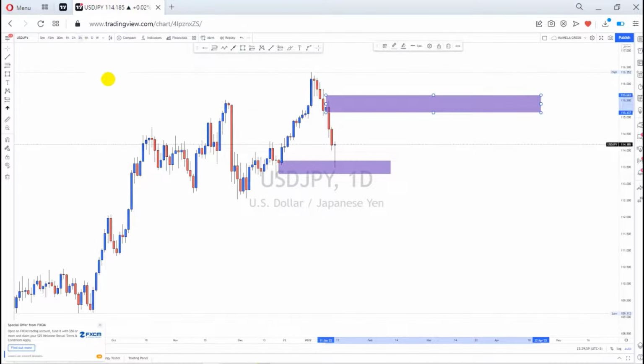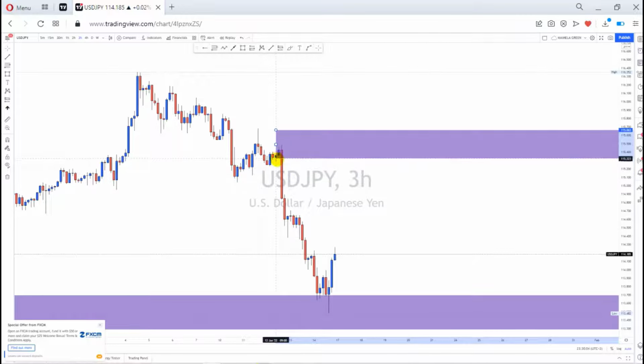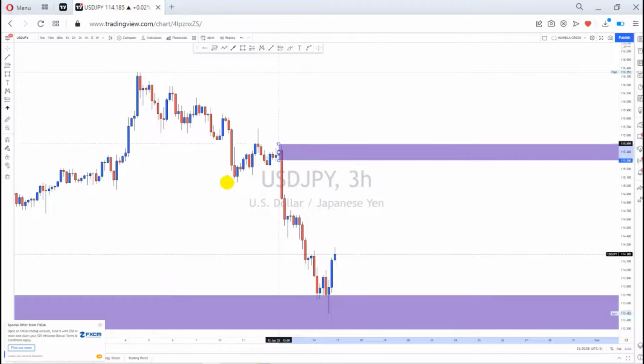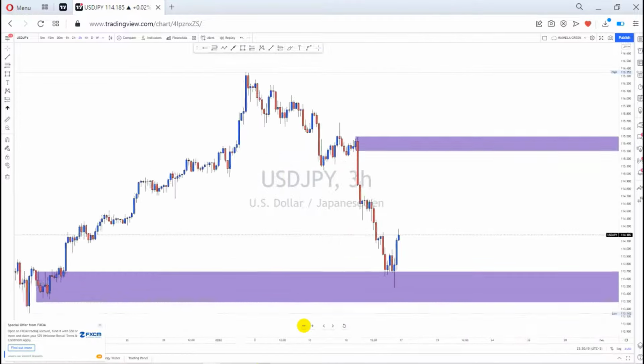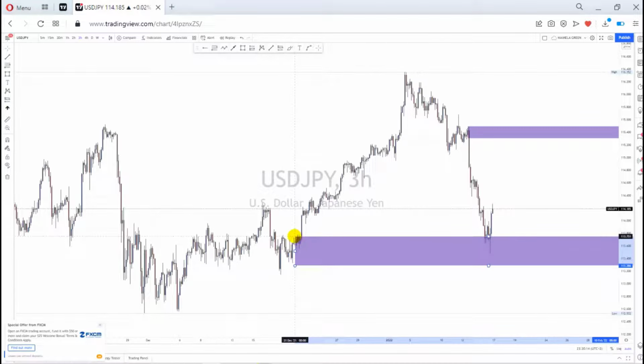Then let's go to 3-hour time frame, adjust our lines, the supply, put our lines nicely. Then let's move it here. Sorry, we can check this consolidation here.